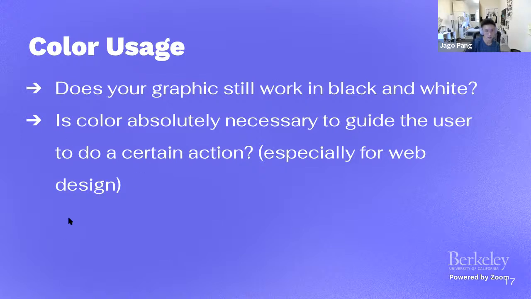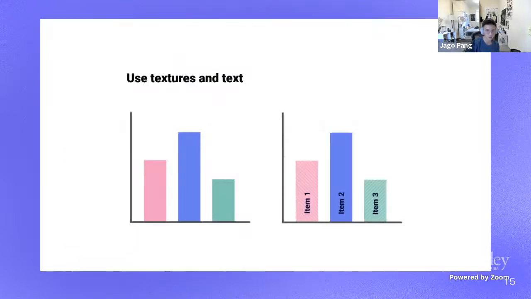And the second question is, is color absolutely necessary to guide the user to do a certain action? Like in the previous slide about conveying information, if color is the only indicator of information, then it might not be the best use of color.